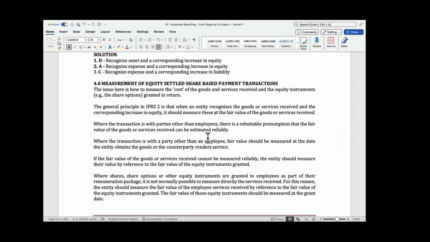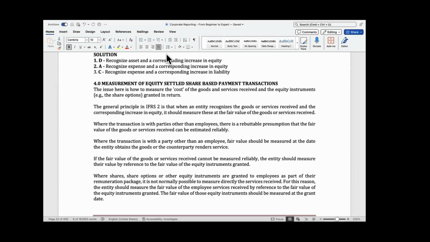We looked at equity settled last week. And we said, how do you get the value that you would use to measure what you have recognized in the books? We said that for equity settled, what you have recognized is either expense or assets, or equity.